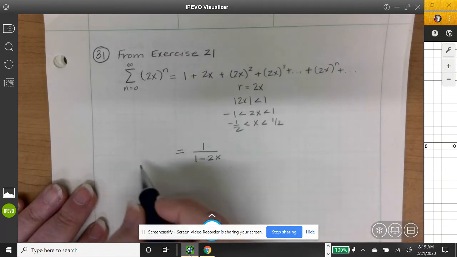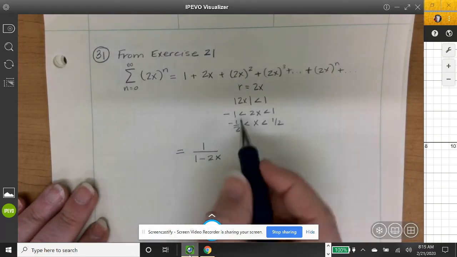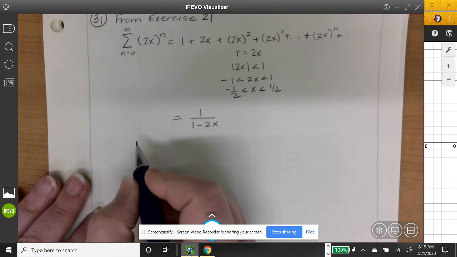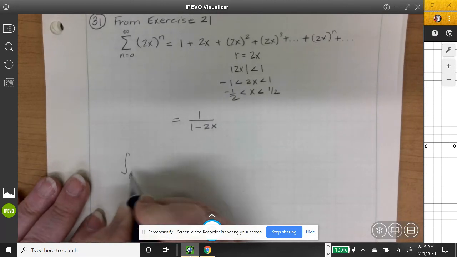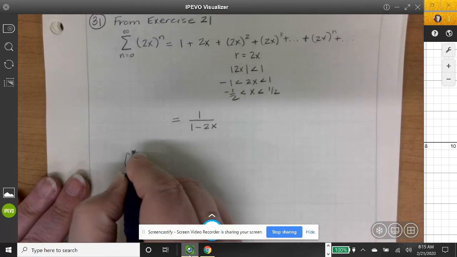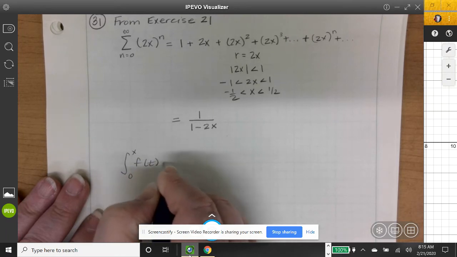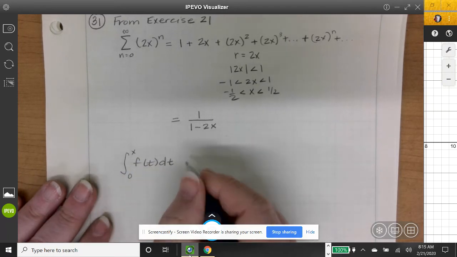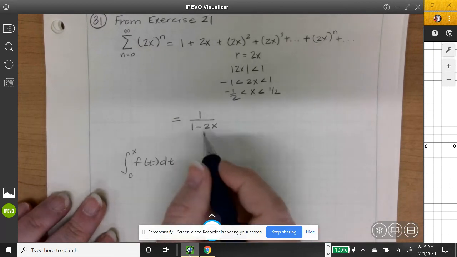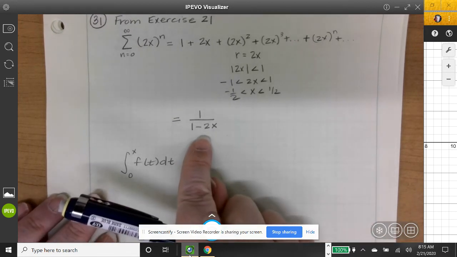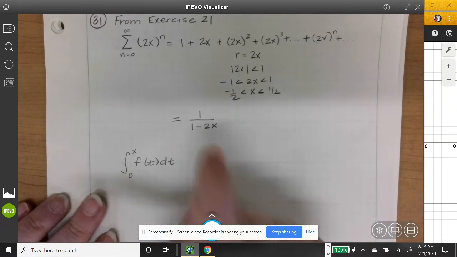All right, but now the 31 says, take this information that we found, and we are going to try to find the integral from 0 to x of f of t dt. Well, what is f of x? Well, f of x is this function right here, 1 over 1 minus 2x.